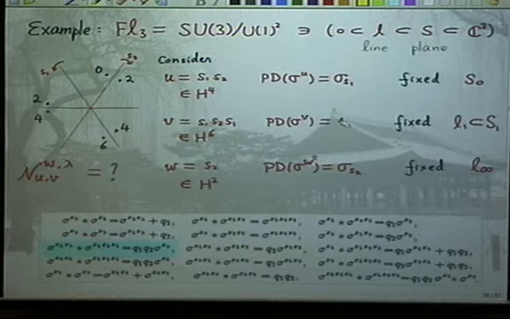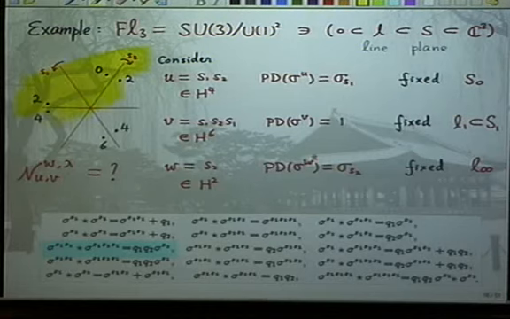So let me give you a description in our example, the full flag variety in C3, FL3. This is the description of all the classes, or all the critical points.